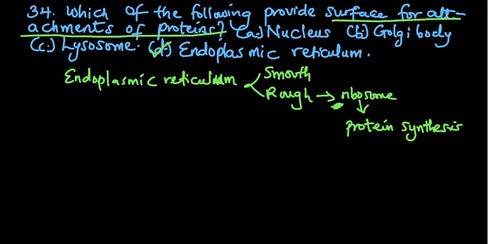The only organelle that provides surface for attachment of protein is the endoplasmic reticulum. I hope you understand: one type is smooth and one is rough. The rough one has ribosomes on top of it, and ribosomes produce protein, so the answer is endoplasmic reticulum. Let's move to the next question.